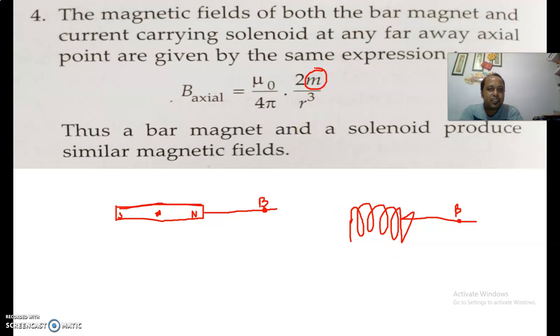This M represents the magnetic dipole moment, not the magnetic pole strength. So it is the magnetic dipole moment. Generally we represent it by capital M. So this value of magnetic field is the same on the axial line, both for a bar magnet as well as for a solenoid. So I hope this is clear to you.